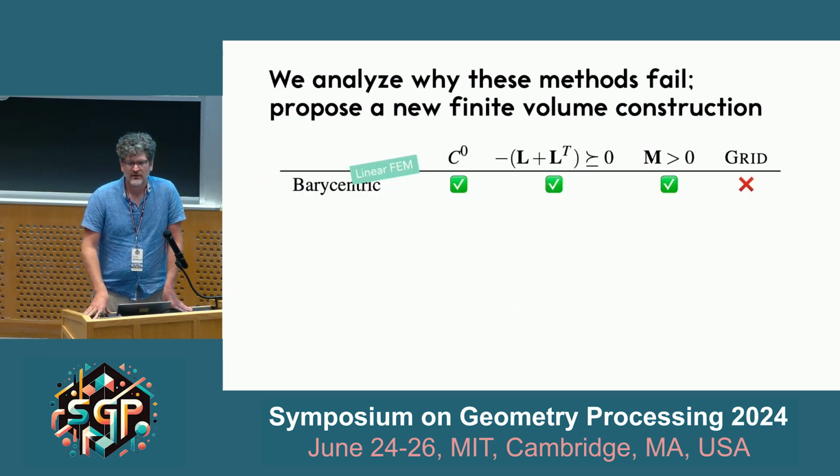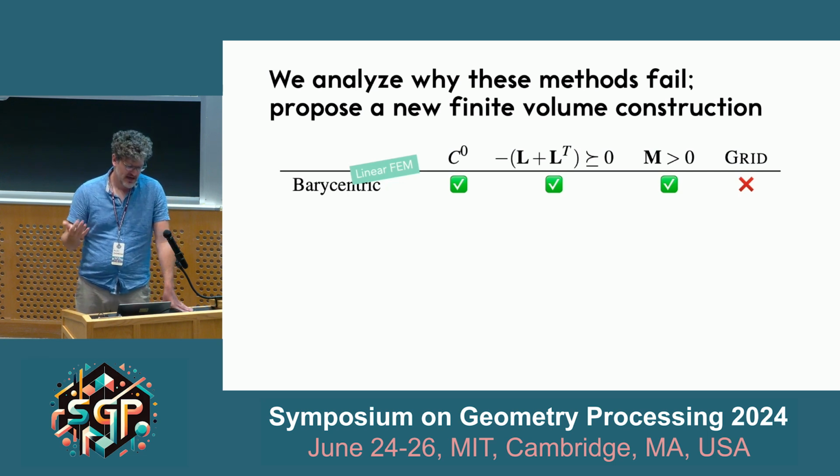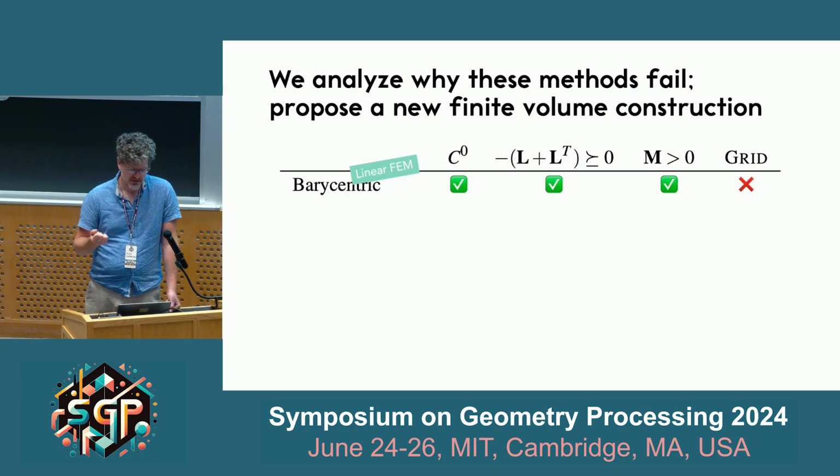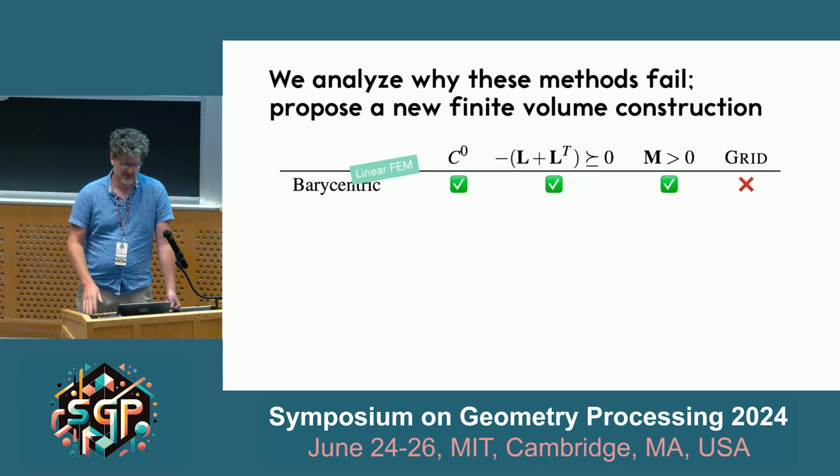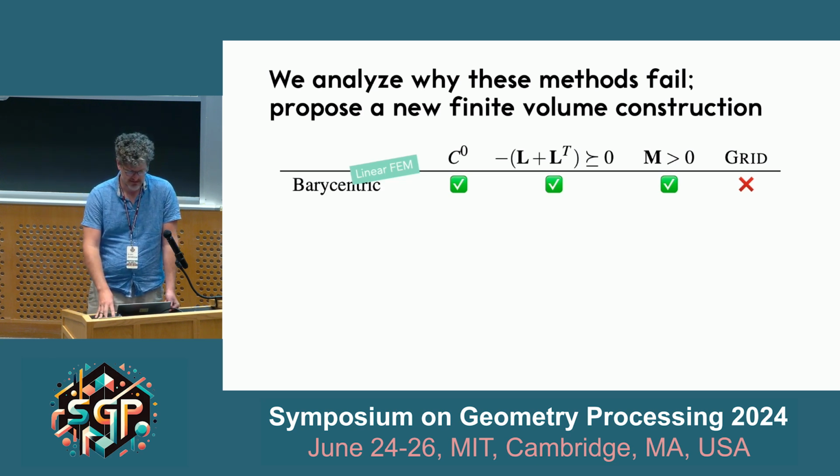So in the paper at SGP this year, I've analyzed different methods for finite volume construction and shown why they fail on a couple of different criteria. One particular choice for finite volume method coincides exactly with linear finite element method, and I'll call that barycentric, and we'll see in a second what that looks like.